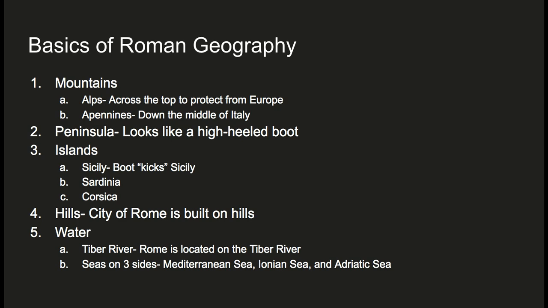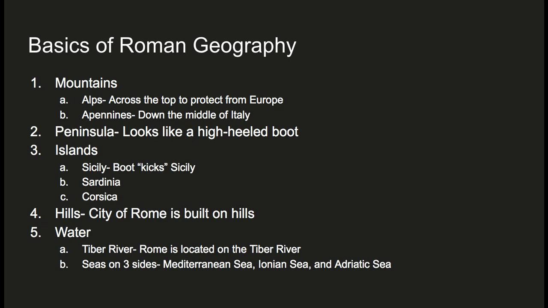Pretty simple geography-wise. A lot of people are able to identify Italy on a map fairly easily. There are islands. The biggest island that we'll talk about is the island of Sicily. If Italy is shaped like a boot, the boot kicks the island of Sicily, and I'll point that out on the map in a moment. You also have Sardinia and Corsica.